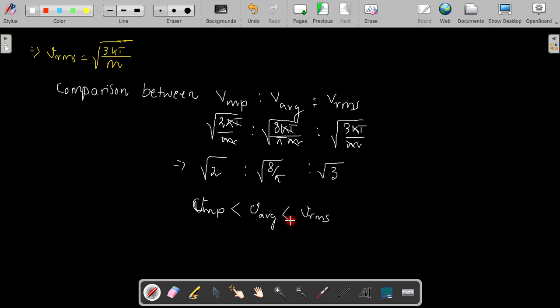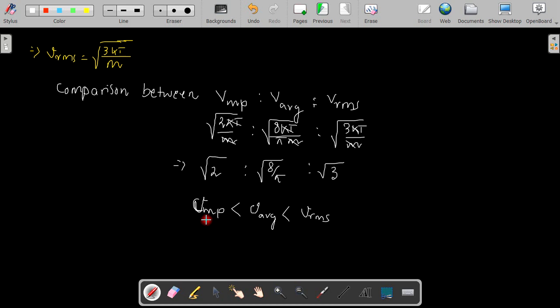So we can compare the three results and definitely say that the root mean square speed of the gas molecules will be maximum, the most probable speed would be minimum, and the average speed will lie between these two values.